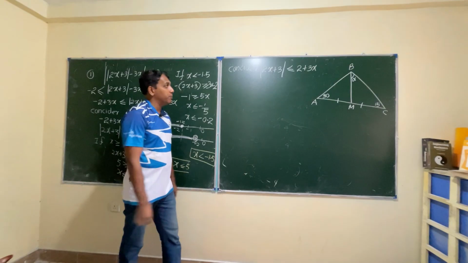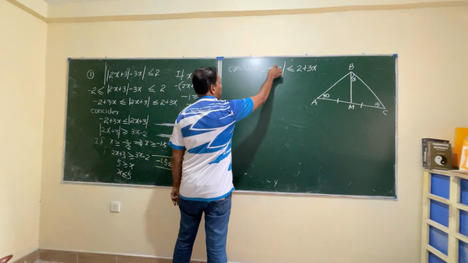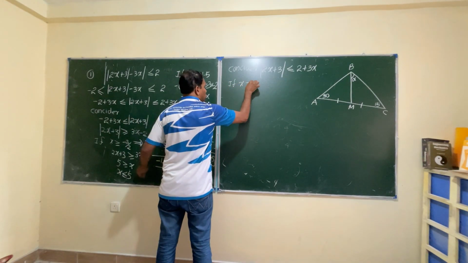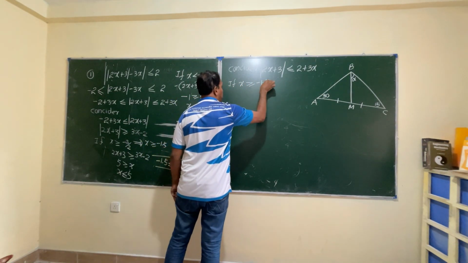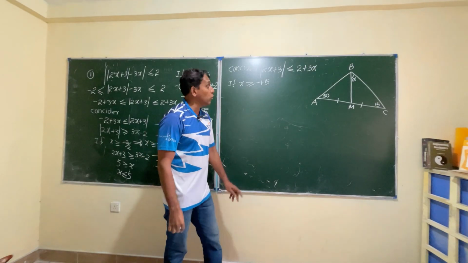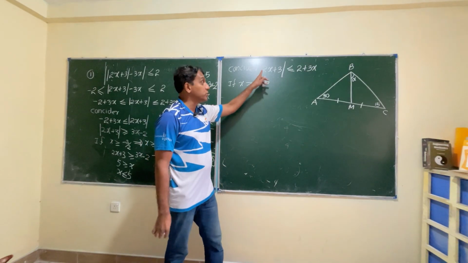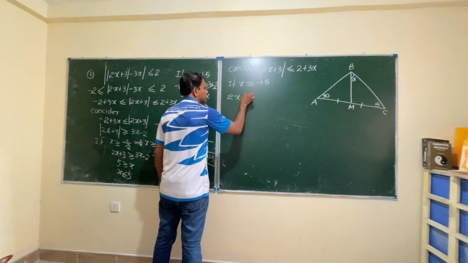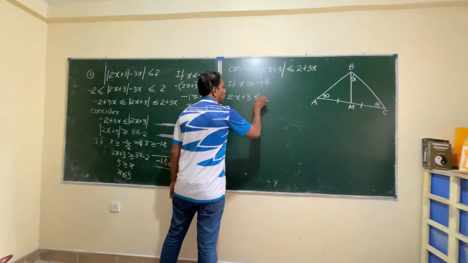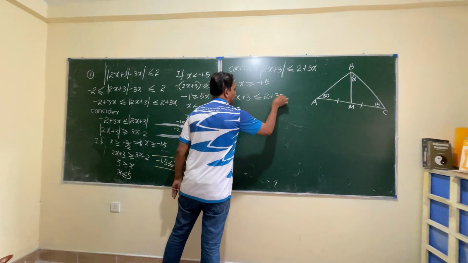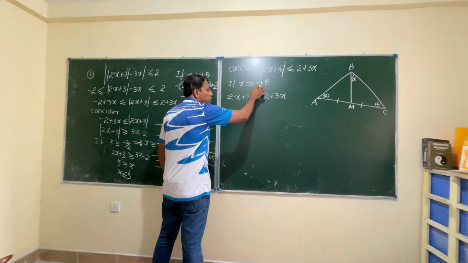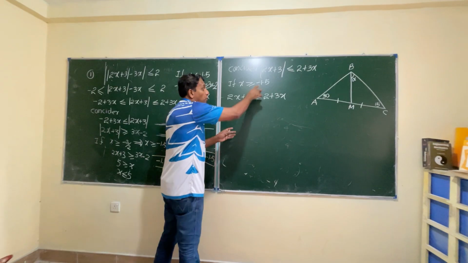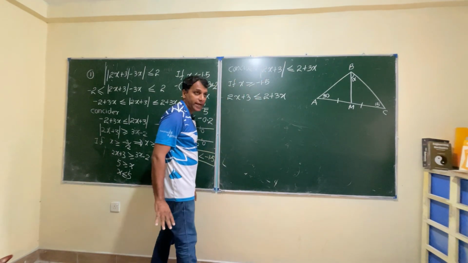Let's solve it. Like that, make the positive and the negative condition. If x greater or equal minus 1.5, that's absolutely positive. Then you write the same here, 2x plus 3, okay, less than or equal 2 plus 3x. So solve it. x greater or equal negative 1.5 means the solution should also be in the range more than minus 1.5.